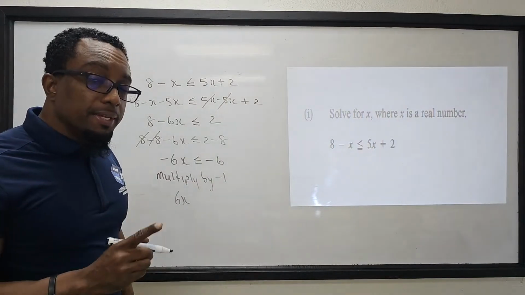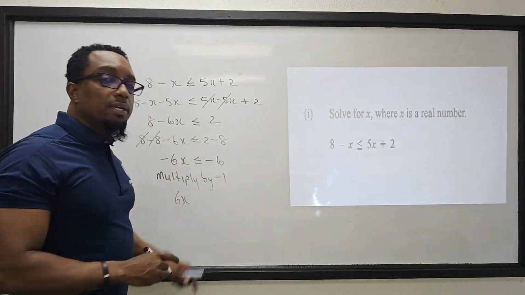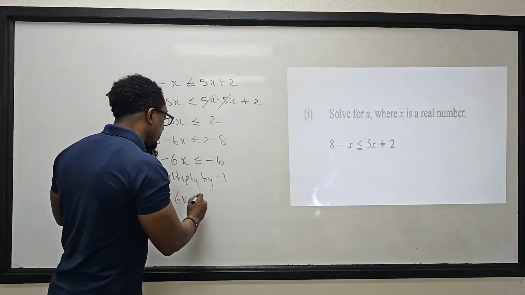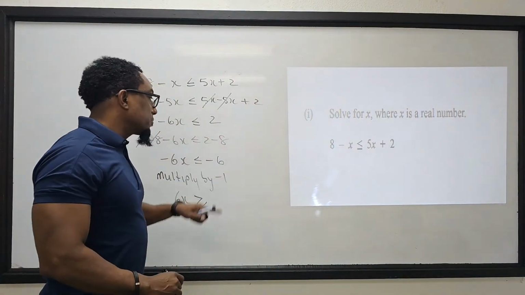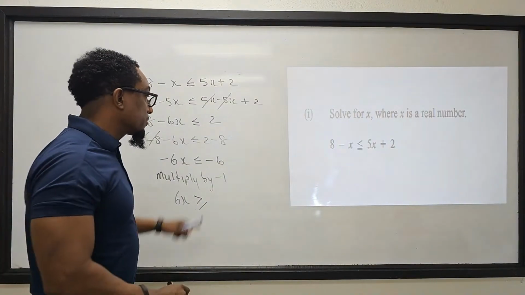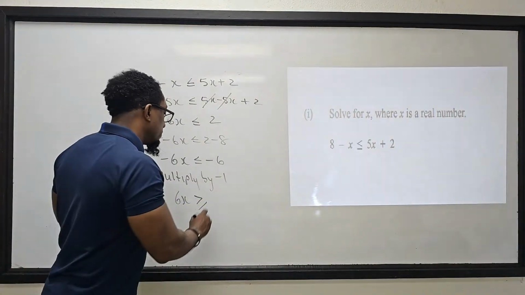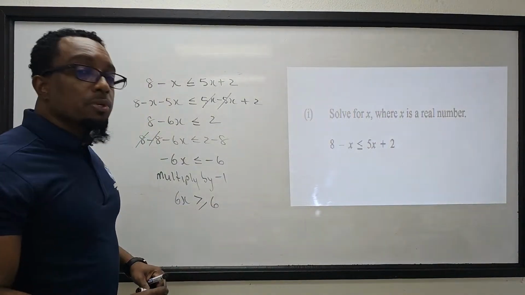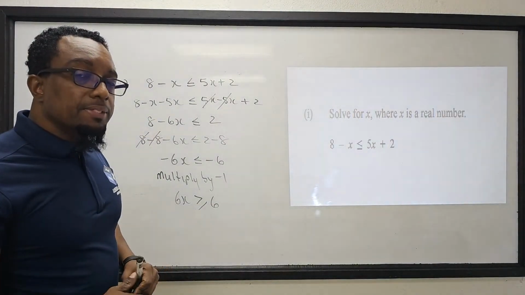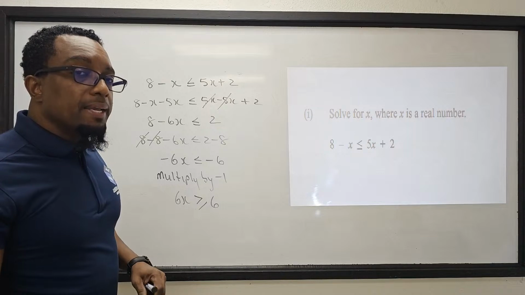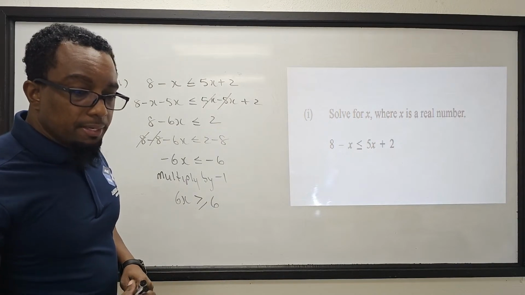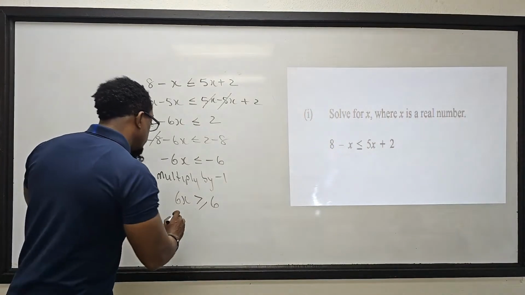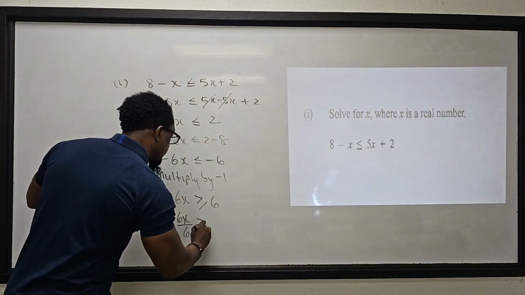But that's not the only thing that's going to change. Less than or equal to will change to greater than or equal to. And that's not the only thing that's going to change. Negative 6 will change to positive 6. Negative 6 by negative 1 is positive 6. So now I can solve for x and make it positive by removing the 6 in front of x, and the opposite of multiplication is what? Division. I divide both sides by 6.